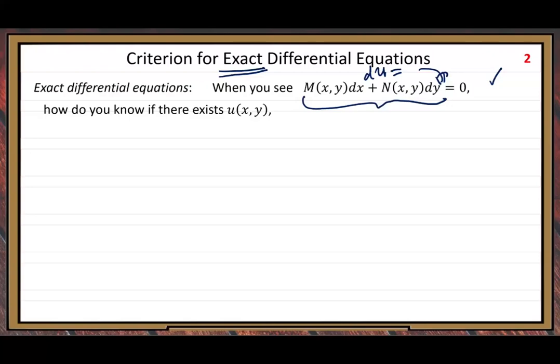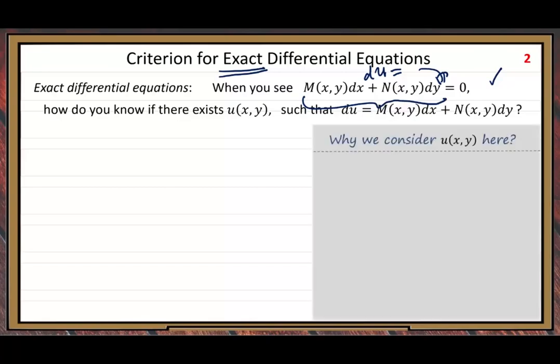Only when M function and N function satisfy some special condition. That condition is our criterion for the exact differential equation, so we need to figure out that criterion.